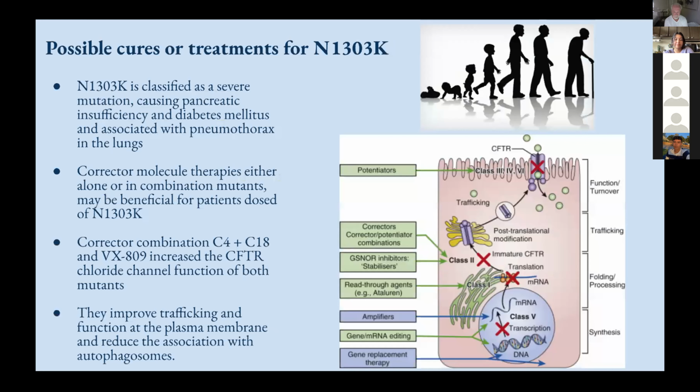So it does give you breathing problems, and these treatments and other antibiotics can increase the channeling so that your lungs can get enough plasma membrane or cells. On the image to the right, as you can see, there are the correctors or the combination of mutants, and then that's it.